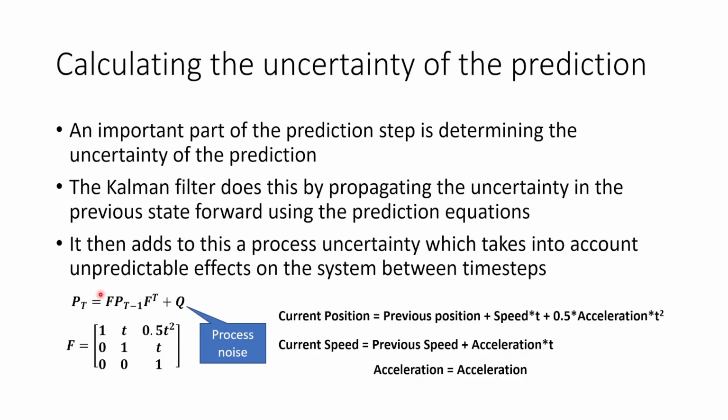So we have the uncertainty of the prediction and the uncertainty caused by these unpredictable effects. And that gives us the uncertainty of the whole prediction step, which here is called P t. So we've now calculated not only a prediction of what the car will be doing in the next time step, we also know how uncertain we are about that prediction as well.